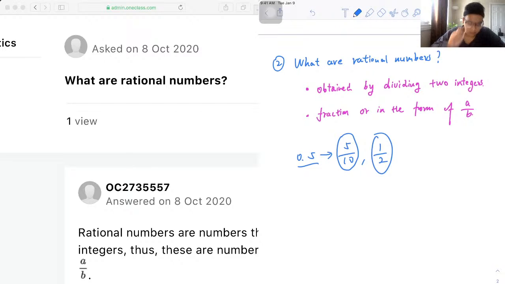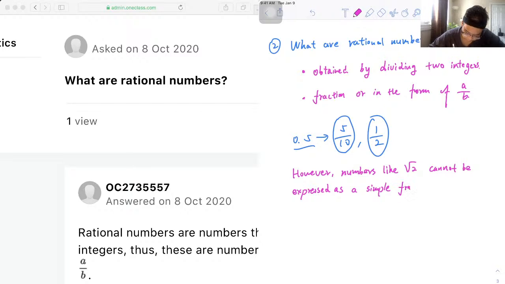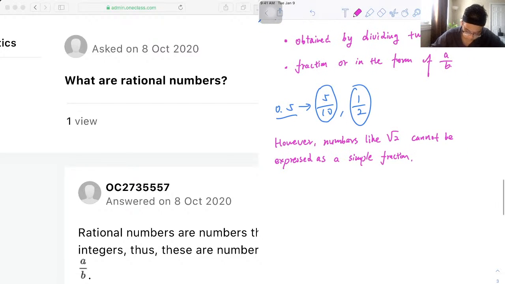Right. So on the other hand, however, numbers like root 2 cannot be expressed as a simple fraction.